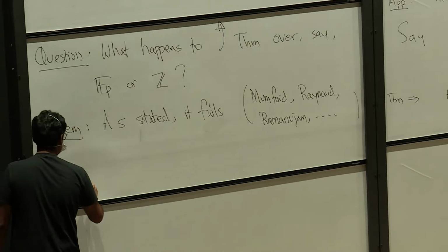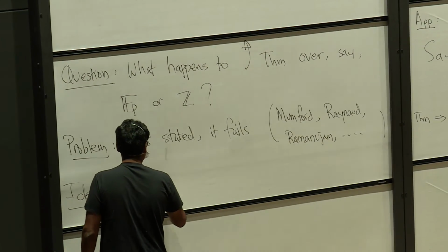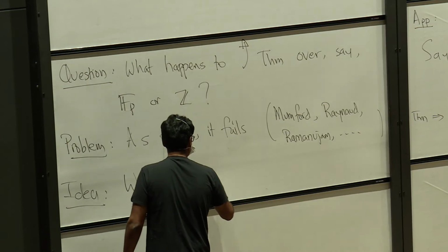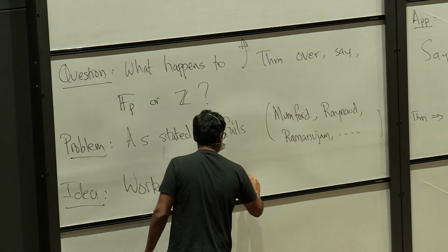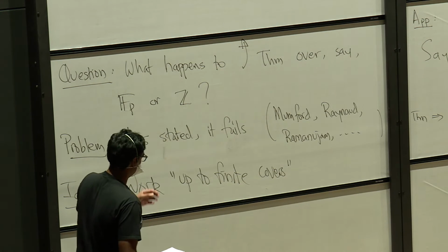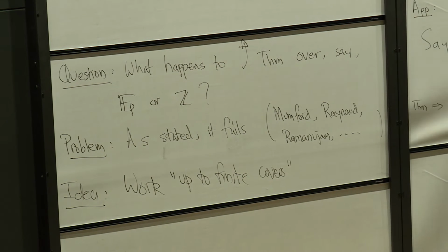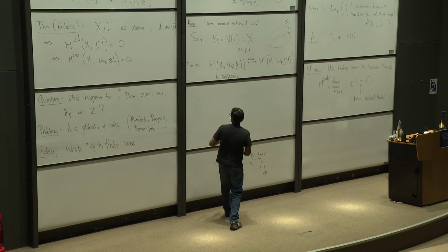So the idea to get around this problem is to work up to finite covers. And so let me at least give an example of why this is semi-reasonable, which comes from topology.